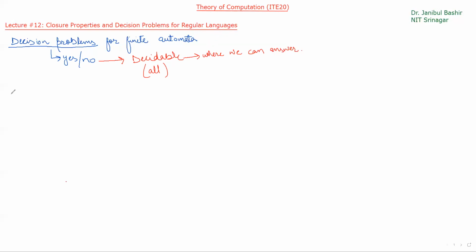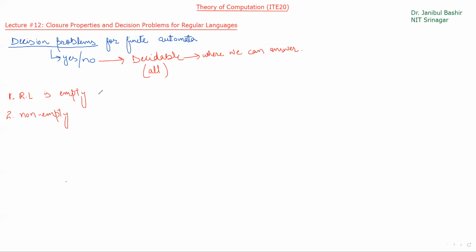Okay, so first is whether a regular language is empty. If L is a language, whether it is empty. Second is whether it is non-empty. Non-empty means it contains some strings.